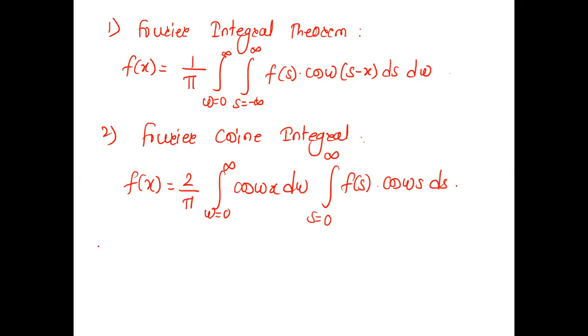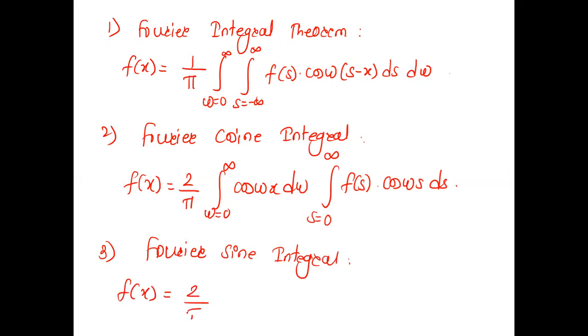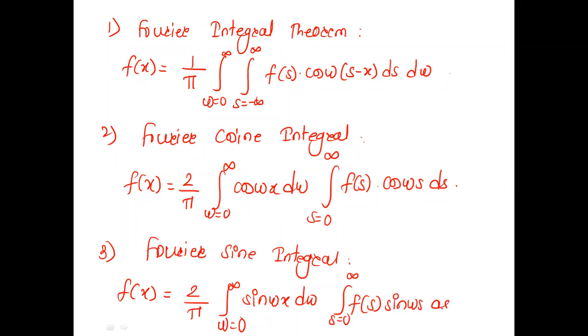And for the sine integral, change only cos to sine. For sine, we change all the cos to sine. Just check, am I writing it correctly? f of s into sine omega s ds. Note them.